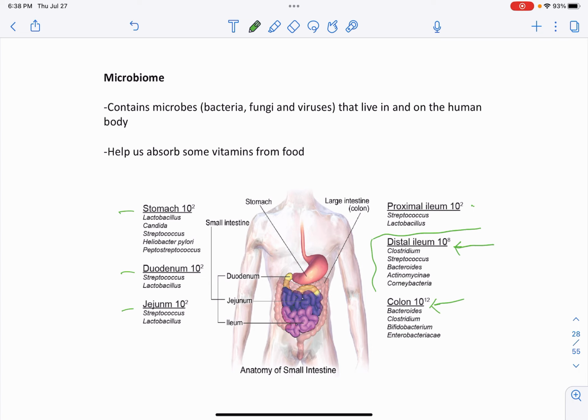In fact, you have more bacterial cells living in your intestines than you have human cells in your body. That's the amount of bacteria, or microbiome, living amongst us. And there are many different types of strains that live in the gut as well.